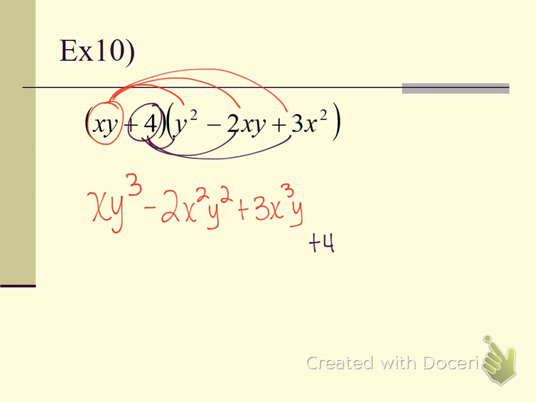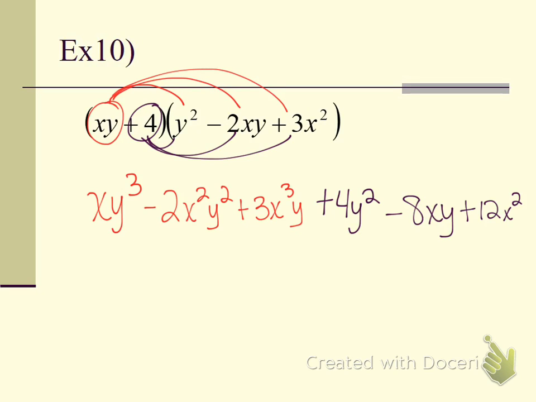I actually might just move it up in line at this point. Positive 4y squared. Positive 4 times negative 2xy is negative 8xy. Positive 4 times 3x squared is a positive 12x squared.